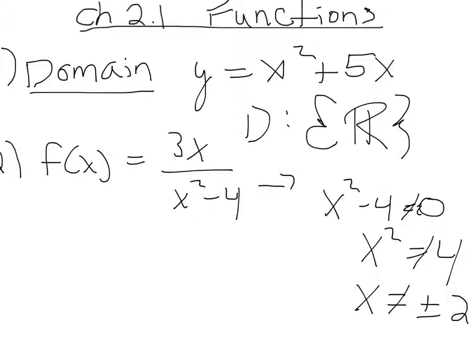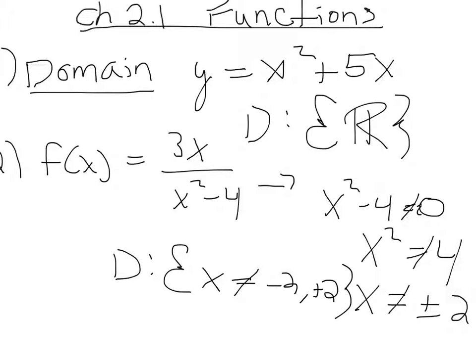Root 4 is 2. So the domain would be all real numbers except x cannot equal -2 or +2. That makes sense, because if you plug in -2 or +2 for x, you will get a denominator of 0.